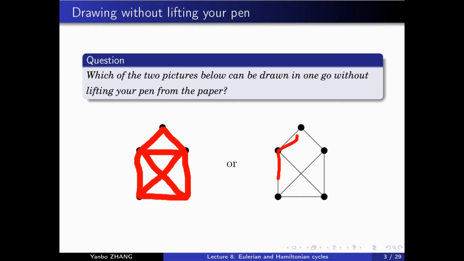If a vertex has odd degree, it should be either the starting point or the end point. But there are 4 vertices of degree 3. 1, 2, 3, 4 vertices of degree 3, which is a contradiction.